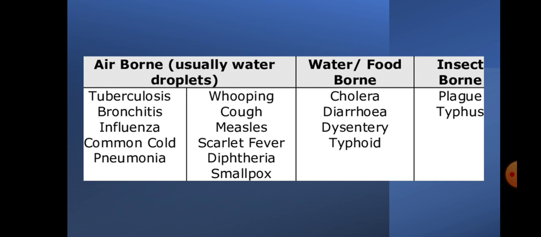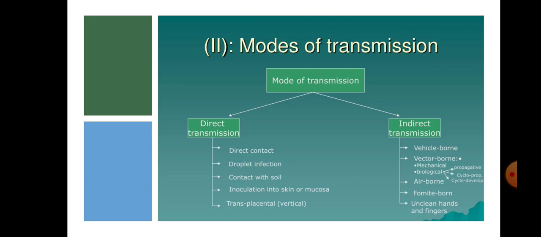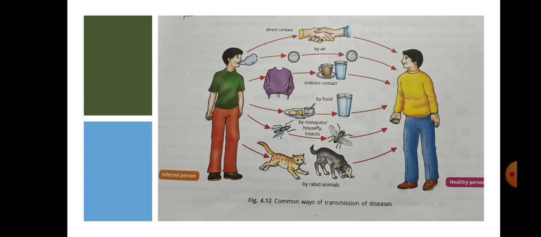Viruses of rabies are introduced through the wound caused by the bite of a rabid animal, especially dogs. The virus is present in the saliva of the rabid animals. Next, placental transmission, where pathogens may pass from the mother's body to the fetus through the placenta. For example, the virus of German measles and the AIDS virus. Okay, these are direct transmissions.